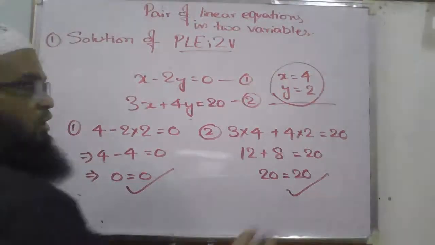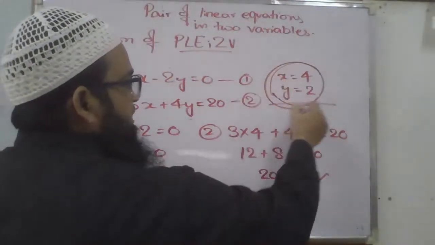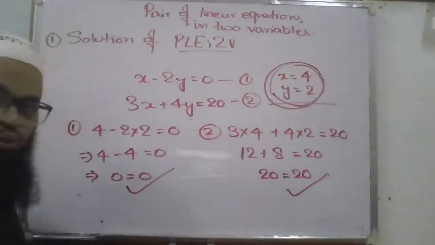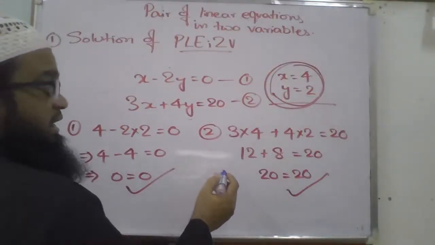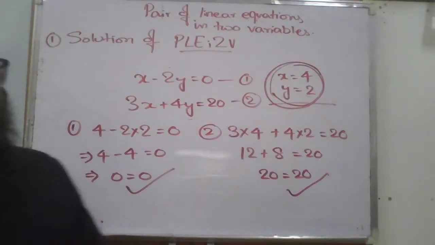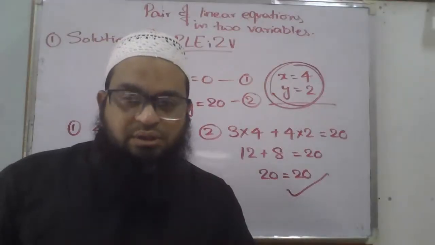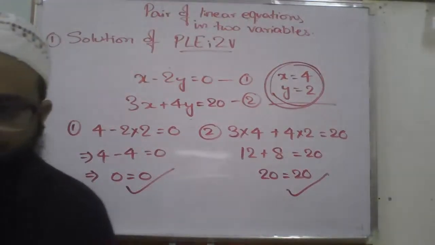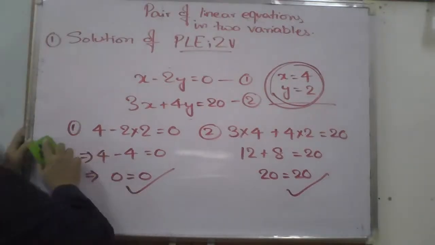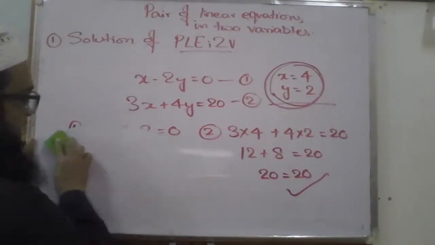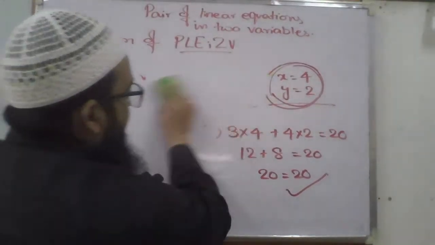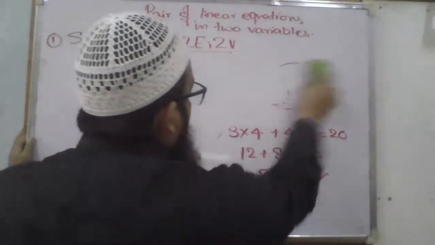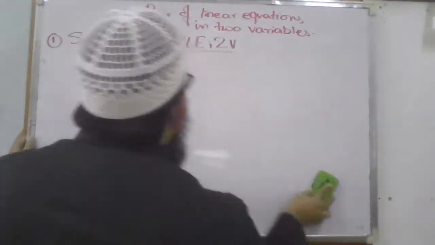That means x is equal to 4 and y is equal to 2 is the solution of the given pair of linear equations. Got it, my dear students? This is how you will check whether the given points are the solutions of the equations or not.